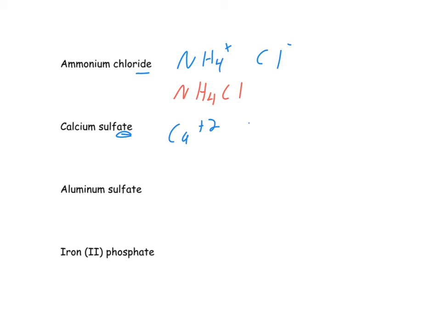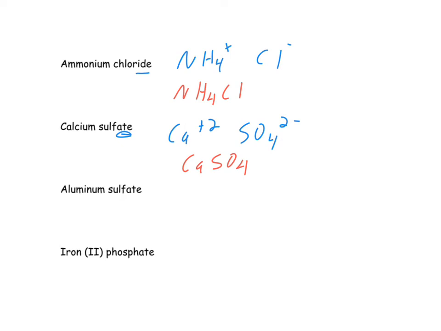This is sulfate, so this is SO4 2 minus. And that adds up. Remember, we're doing smallest whole number ratios, just like it was a binary ionic. So plus 2 minus 2 adds up to 0, and the formula is simply CaSO4. No parentheses around the sulfate because we didn't have to add a subscript.